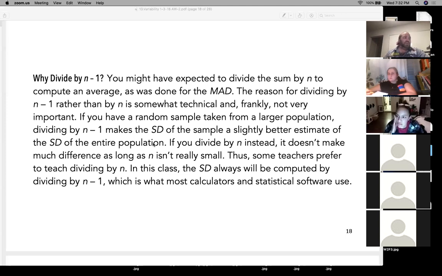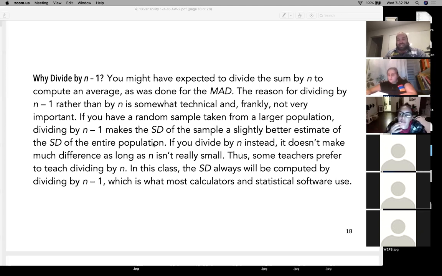N minus 1, no bias. N has a little bias. Now, if n is big, it really doesn't make that much of a difference. But nevertheless, it's there. On your calculator, it usually gives you both. It'll give you the value when you divide by n, and it will also give you the value when you divide by n minus 1.